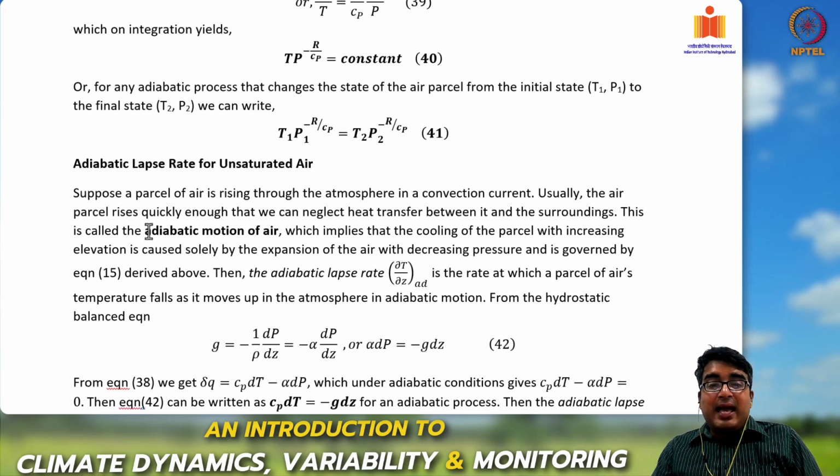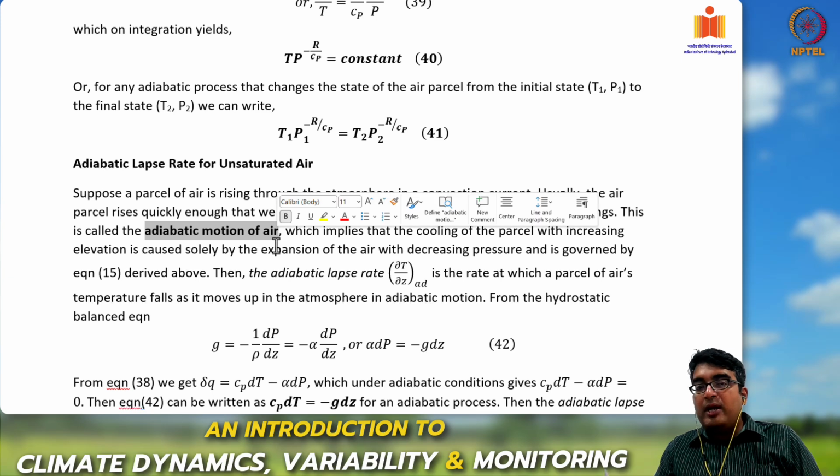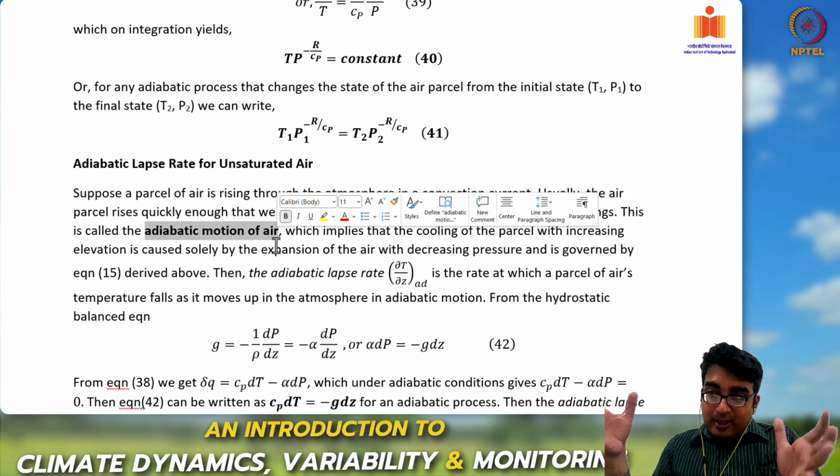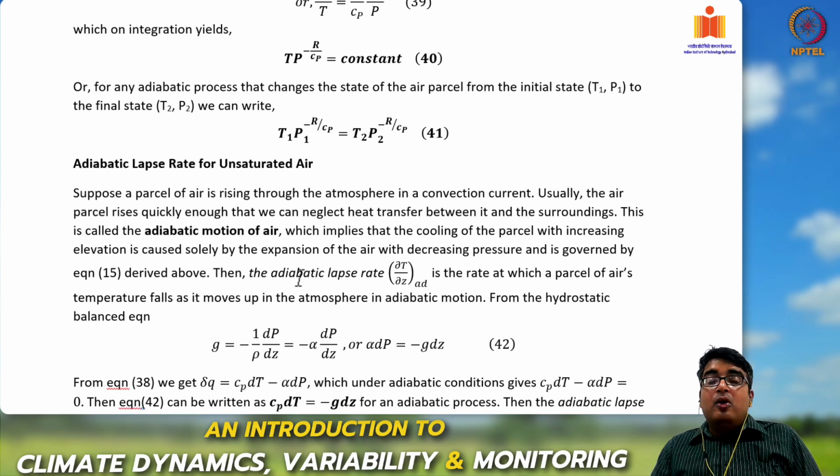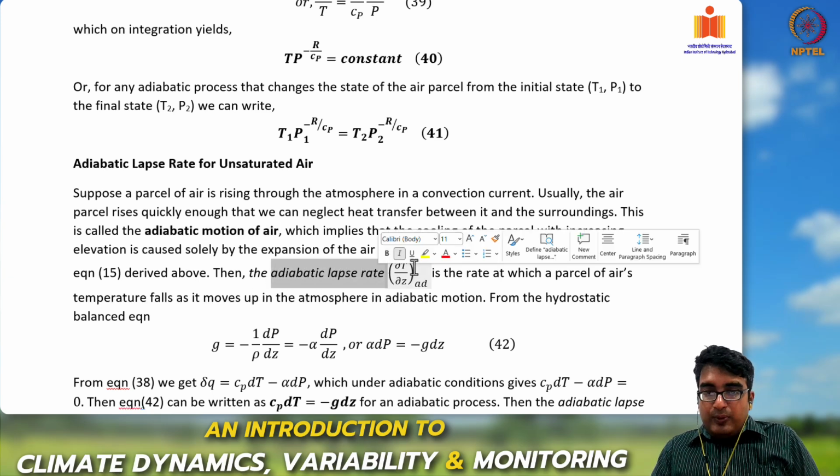This is called the adiabatic motion of air, where we are neglecting heat transfer. Whatever process that air parcel is undergoing, it's only happening in an adiabatic process. Then we can define something called the adiabatic lapse rate, which is given by del T del Z subscript adiabatic.